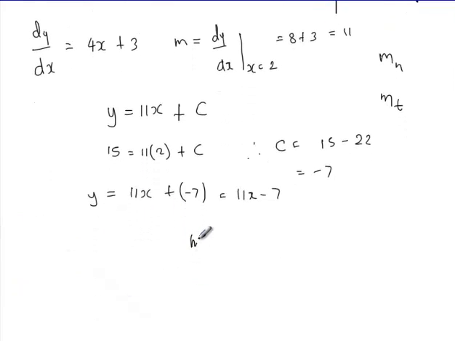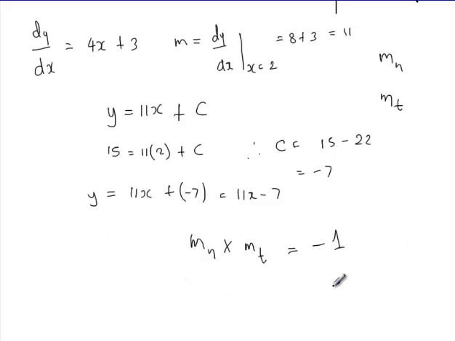So mn multiplied by mt, where mt is the gradient of the tangent and mn is the gradient of the normal line, should give you -1. So from that, again, this normal line passes through the same point. Then you can now find the equation of the normal line.